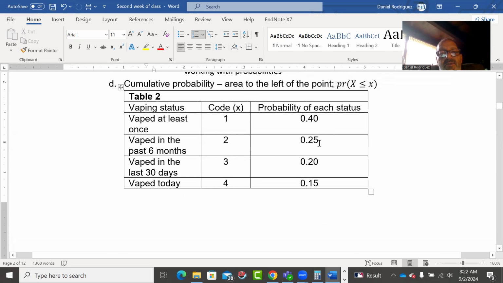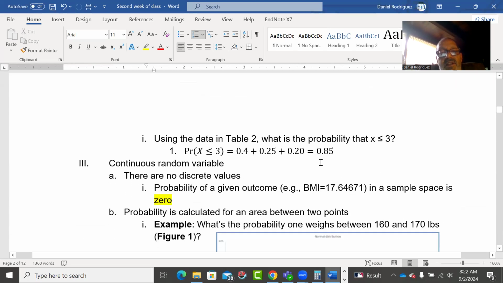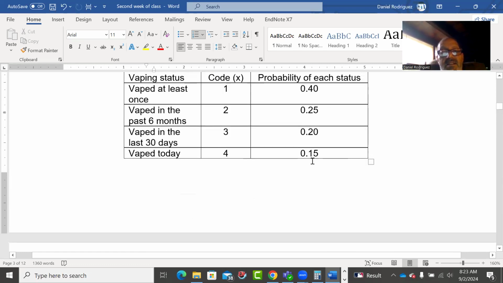Well, these are mutually exclusive events, so we can add them together. So it's 0.4 plus 0.25 plus 0.20, right? Because less than or equal to 3, it's 0.85. And by the way, that's the same as the complement of vaping today, because these are all complementary to vaping today. So it's 1 minus 0.15, which is 0.85.